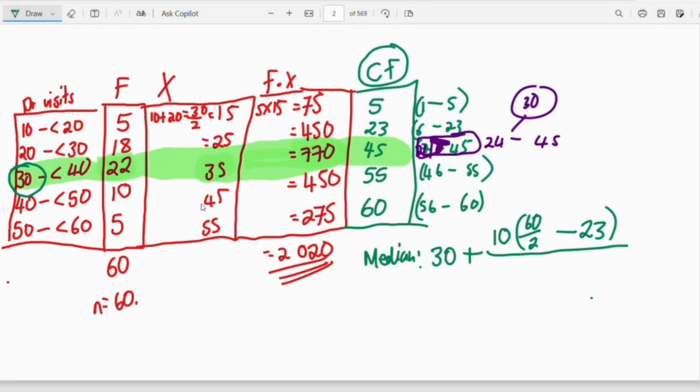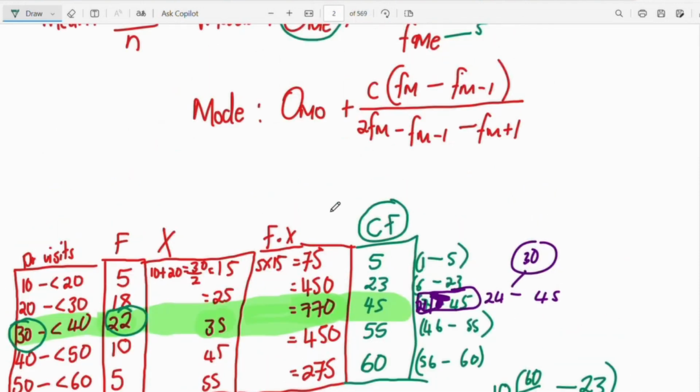Divided by the frequency number, this is the frequency number, 22. All right, so you can write 30 plus 10 times 30 minus 23 divided by 22. This gives us 33.18.